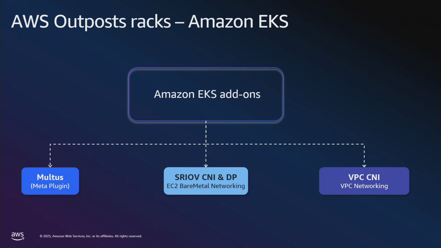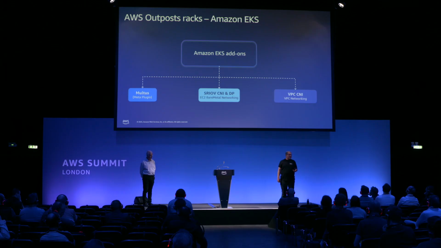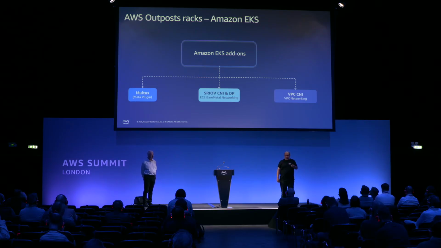We're able to use SRIOV from the native drivers for the CNI from Mellanox to be able to drive throughput. And we've still got the VPC CNI, so containers can choose what they're talking to. You can launch a container, and that container can be using VPC CNI to talk to other containers in the environment or back to region, or it can be using something like Multus to talk through the physical instance for the physical Ethernet port out into the high performance network.